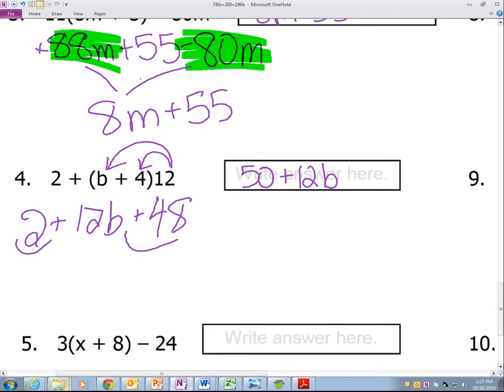Yes? Like, if you did it the other way, like you switched around the 48 and you put the 2 for the 48. You just read it differently? Yeah, I'm waiting for you to finish that question.